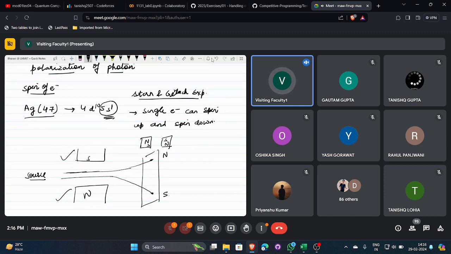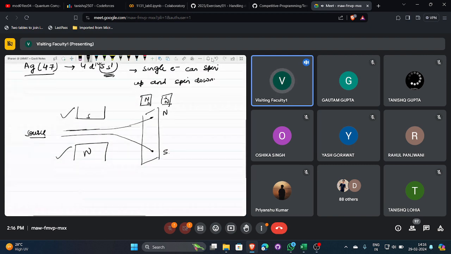So now the question comes, what is happening? Because we are talking about a very small item, the electron, and how can all the electrons go in one direction? So now it's clear that if we measure the spin in vertical, the electrons are not having any direction. The moment the magnetic field comes, they incline themselves.